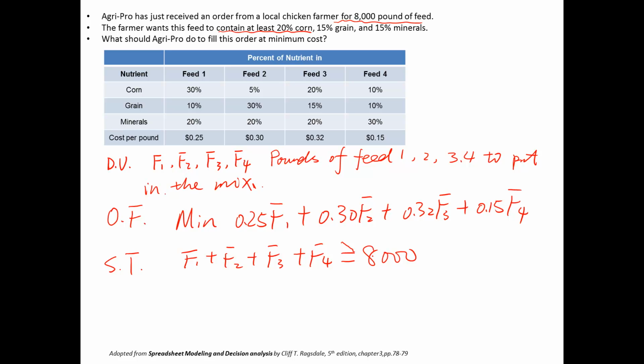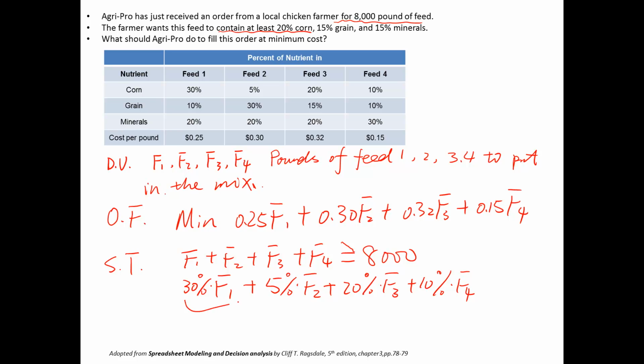One thing we mentioned last time is that we want the units on both sides of the constraint to be the same. So 30% of F1, that's the pounds of corn contained from feed 1, plus 5% of F2 plus 20% of F3 plus 10% of F4.